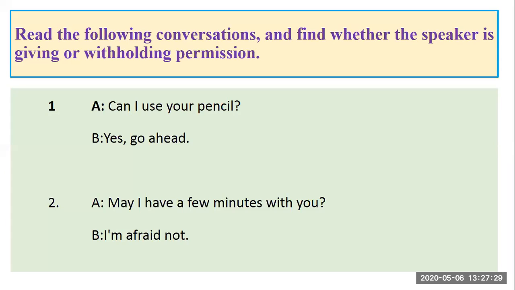Or A was allowed to use B's pencil. B forbade A to have a few minutes with him. Perfect. Finished. Or the same thing, you can say didn't allow, or you can say didn't permit also. All right, B didn't permit A to have a few minutes with him. Finish.